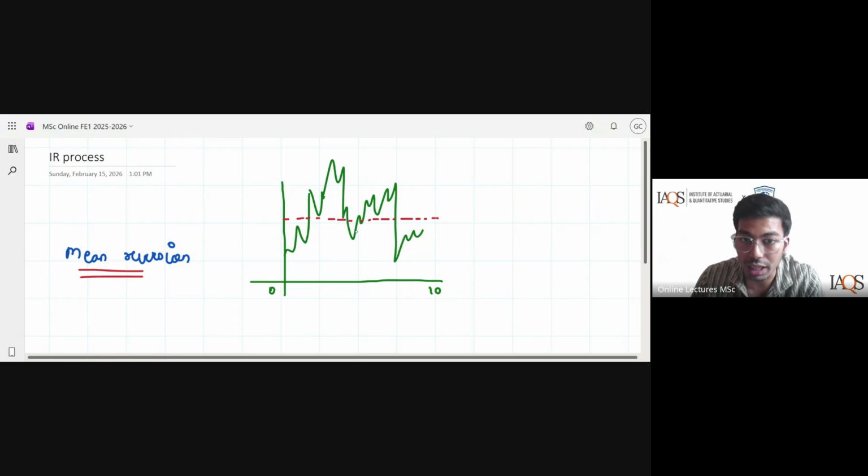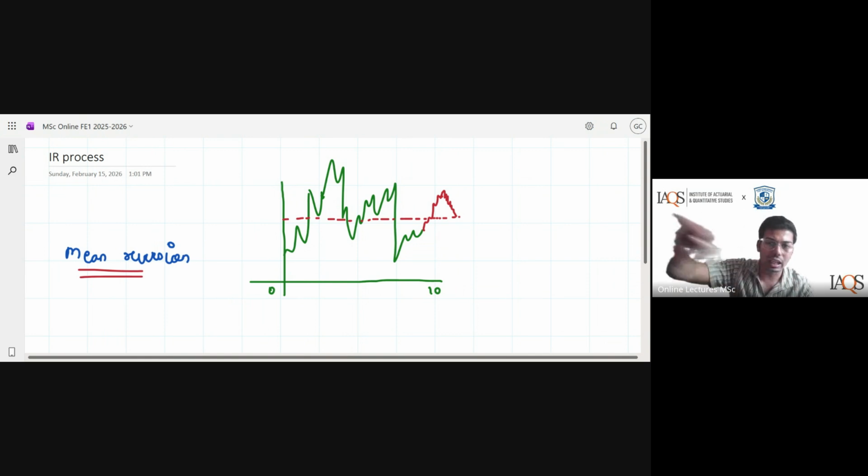If they are down, they are generally pulled back up to it. Whenever interest rates are far from the mean reversion level, they'll tend to come back to it.